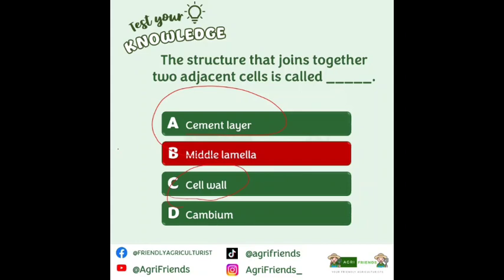But the middle lamella is the one that cements or joins together the two adjacent cells. Cambium, on the other hand, these are secondary meristems that are formed in the stems and roots after the tissues of the primary plant bodies have differentiated.